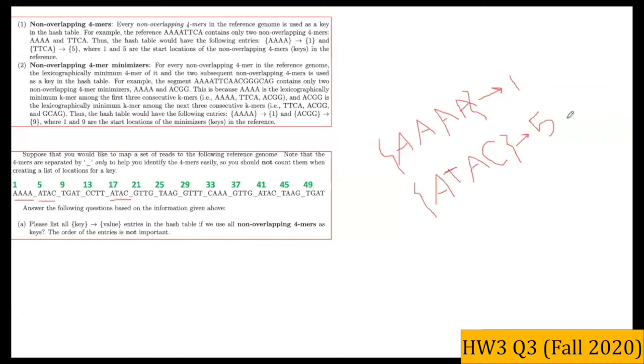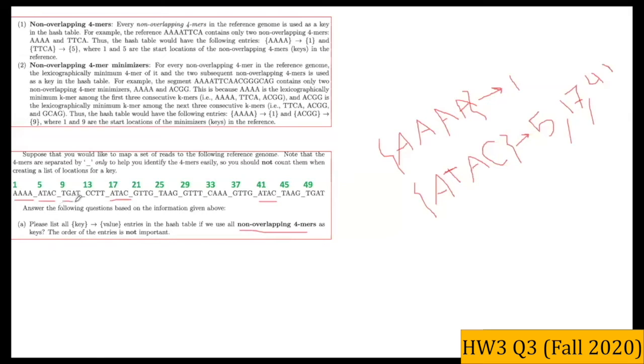What we need to do is just add a new location next to 5, which is 17. Now we do the same thing. We iterate over all possible k-mers using this method as the question specifies. And we see here there's a match, and this one starts at location 41. Do we have other matches? I guess no. And we keep doing the same thing.